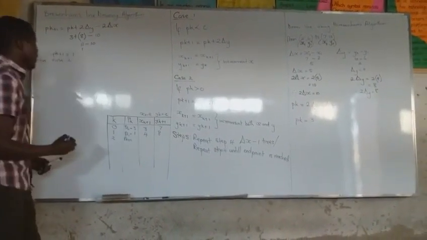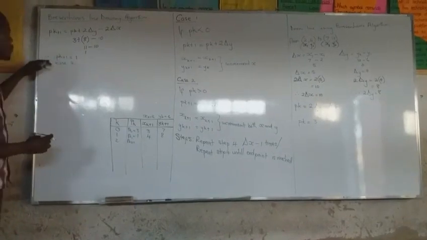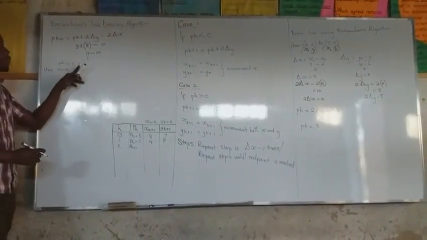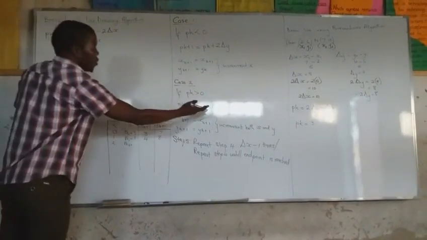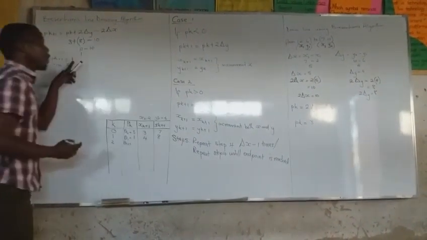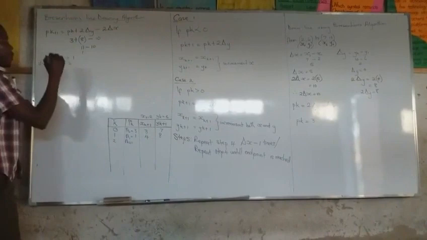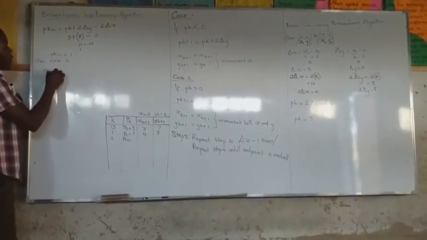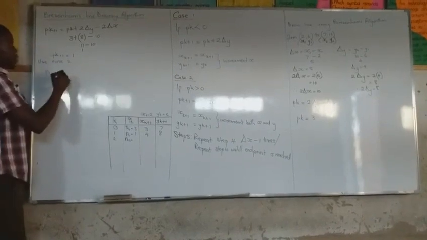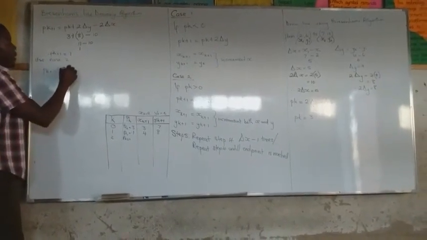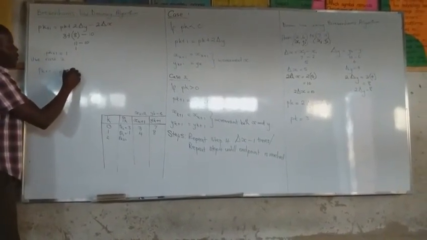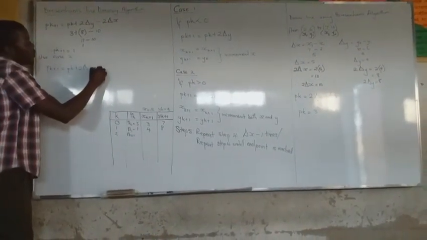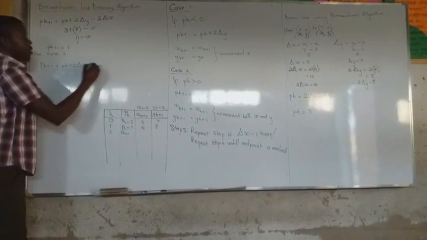Let us now calculate our next decision parameter, which is pk2. Our current pk was positive, so we are using case 2 to calculate the next decision parameter. pk plus 1 is equal to pk plus 2 delta y minus 2 delta x.